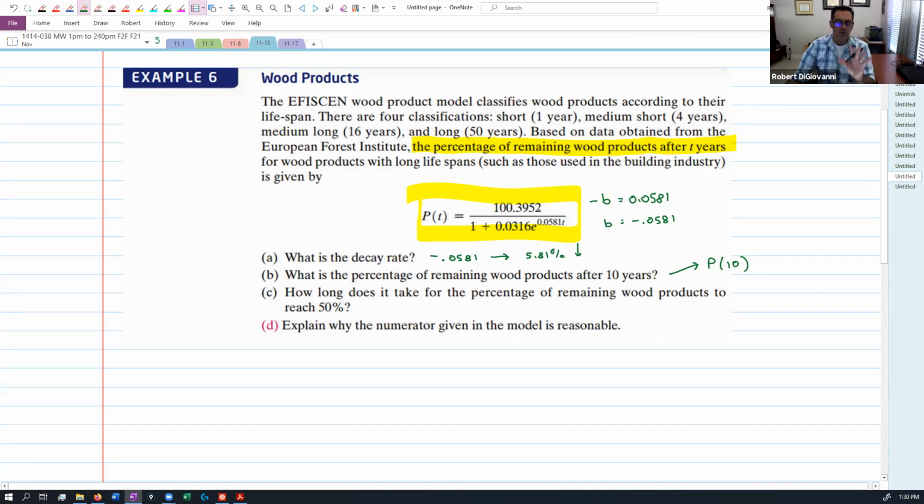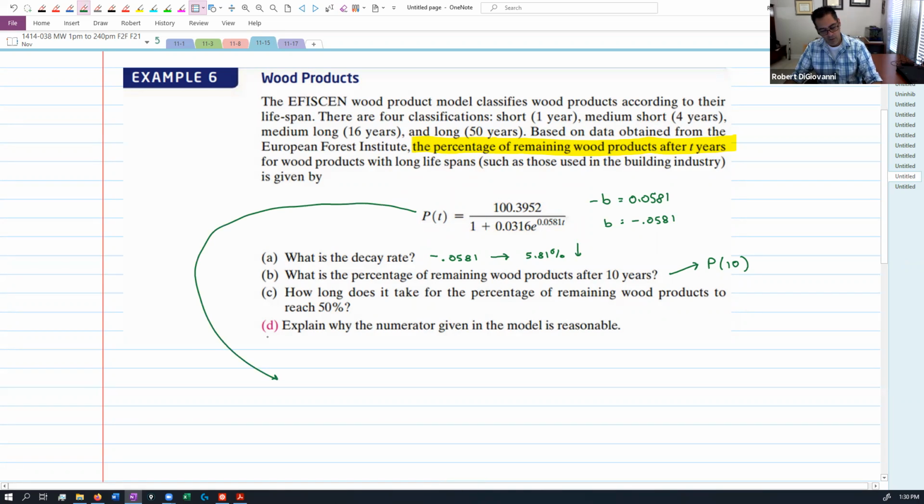The carrying capacity is 100.3952. So let me back up. Let me do this. What's P of 0? What would happen if you plug 0 into this? Let's see what we get. Just plug in 0. When I plug in 0, that would give us the percent of the remaining wood, right? At time equals 0. Plug it in, see what you get.